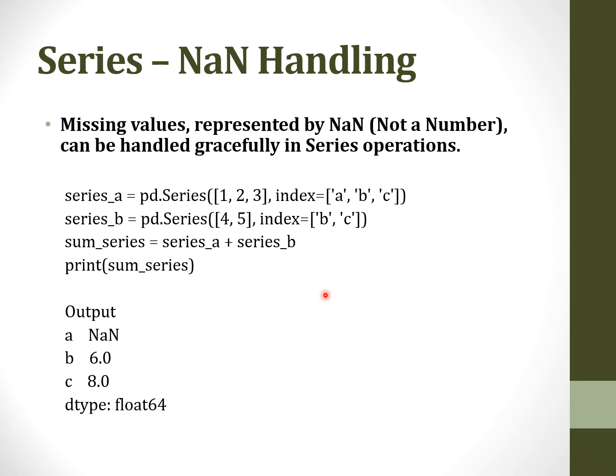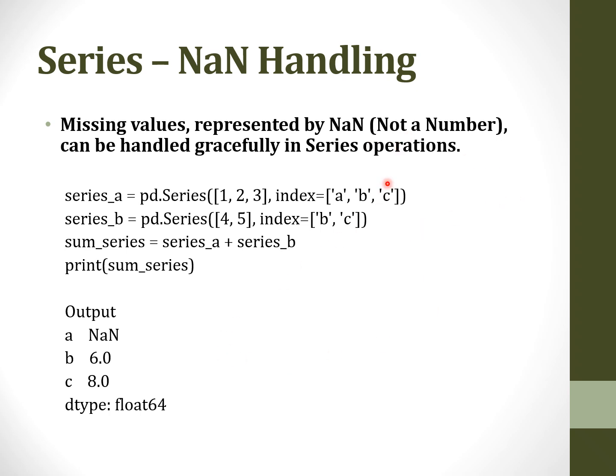Now, handling NaN. As I told you, another example is shown here: not a number. You cannot add a number with an empty space, so it results in a NaN, which means not a number.